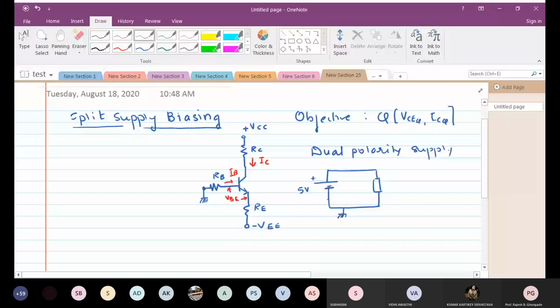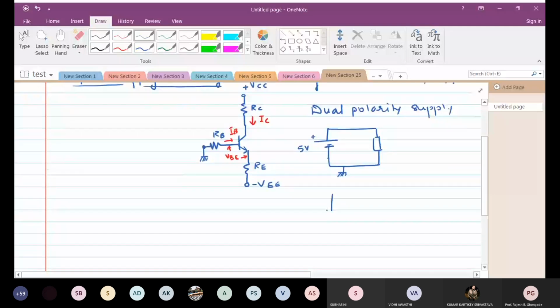Now in split supply, you have something like this. This point is called ground. And you have the load over here. So with respect to this point, I'm having plus 5 volts here.